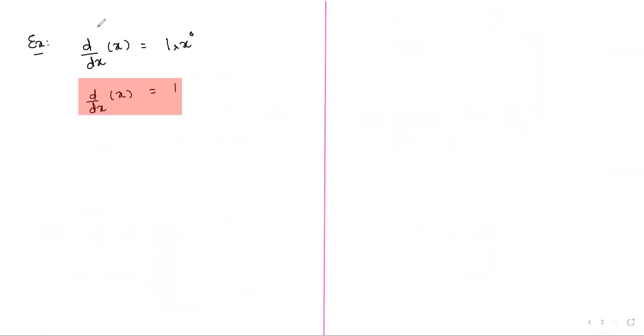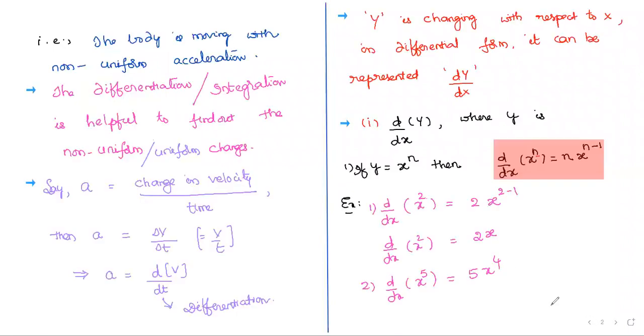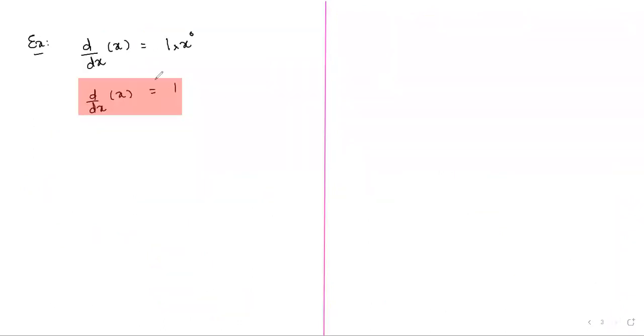Sir, I got one doubt. You try to reduce the power to 1, like x square, x power 5. Now, suddenly you ask x power 1. Suppose I get d by dx of x power 0, reducing still more, then your answer?